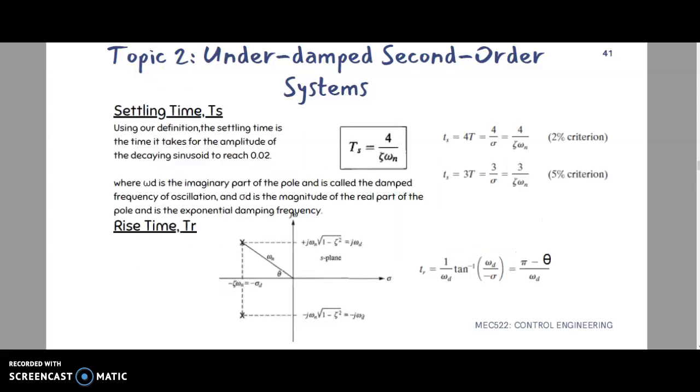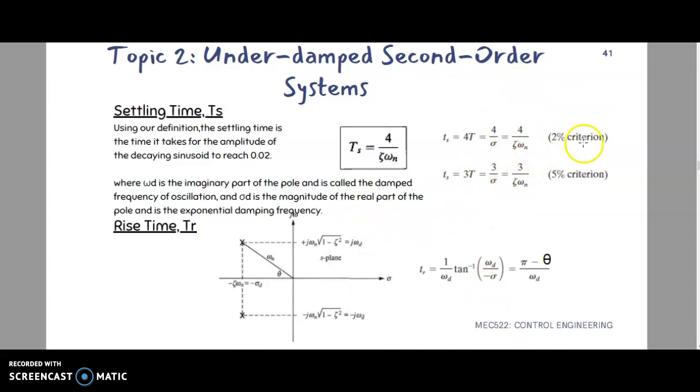And then for this one you want to calculate Ts. The general equation for Ts is Ts equals 4 divided by zeta omega n, where zeta omega n is sigma.